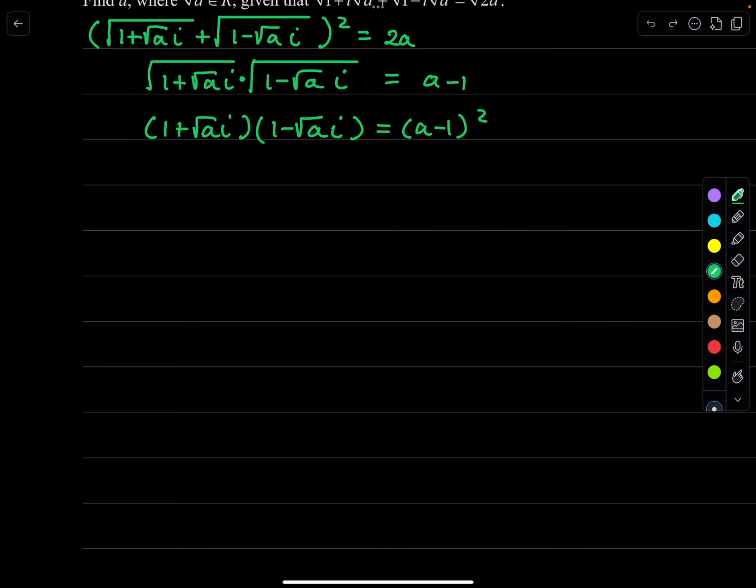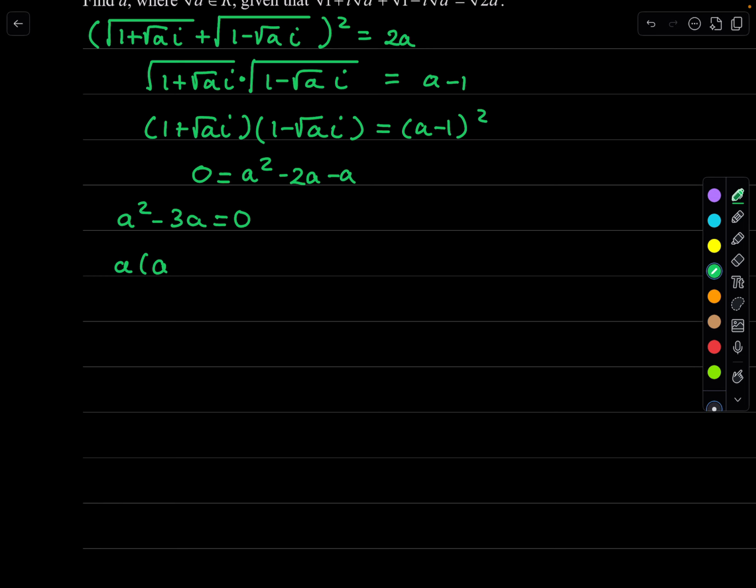Of course this is the difference of perfect squares, so it's 1 minus a squared, which is 1 minus a, so that's positive a, is equal to, expanding that, a squared minus 2a plus 1. Those ones cancel out. Actually, minusing a on both sides to make this 0, we get a squared minus 3a equals 0.